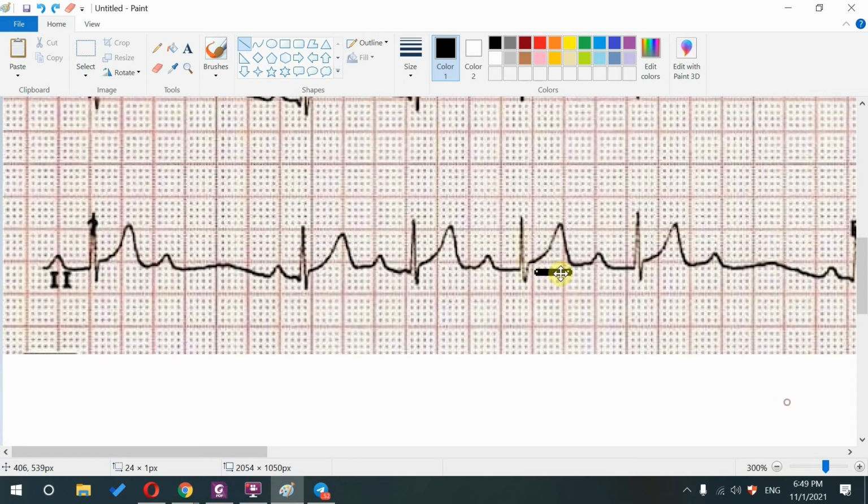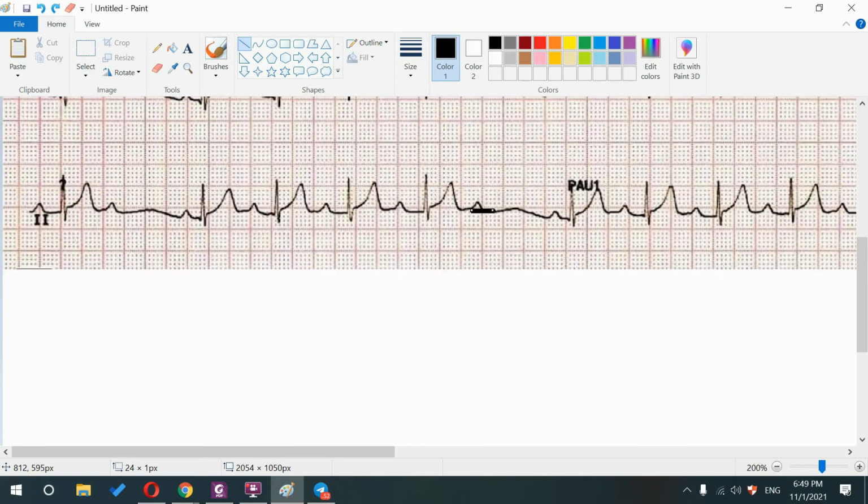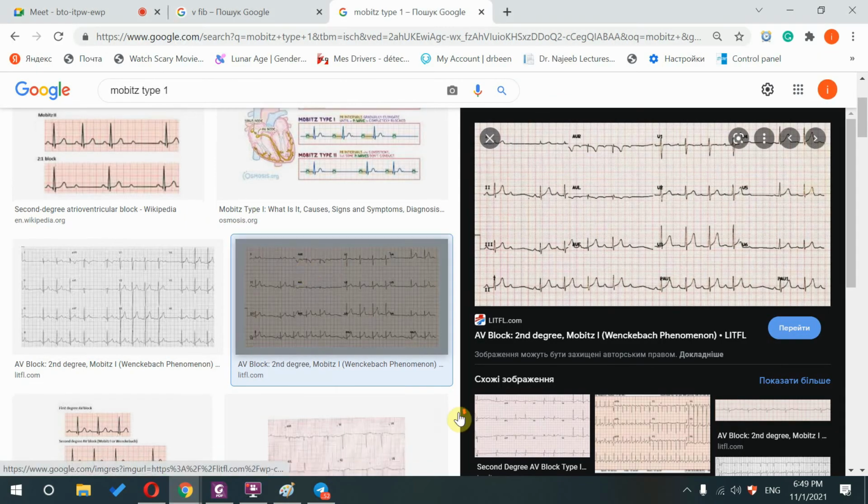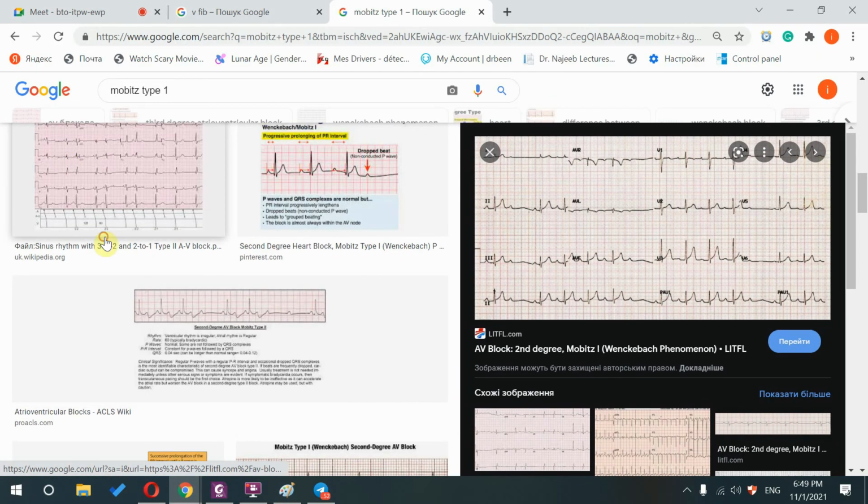Okay, just let's hold this, put it here. 2.5 small boxes. And then, well, a lot of small boxes, but wait a second. Where is that QRS complex? It has dropped. So there was lengthening and then a drop. Is it Mobitz 1 or Mobitz 2? 1, exactly. Good.